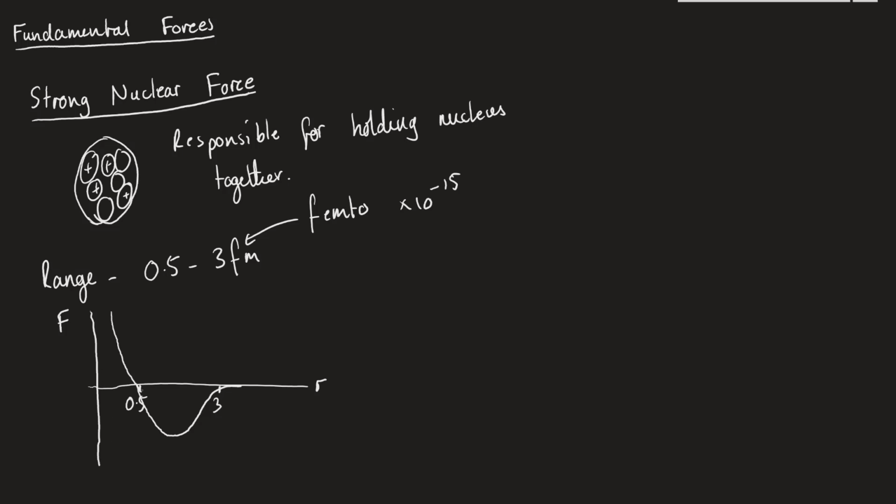Now there's a reason why we have this. When the force is negative, it's attractive, and when the force is positive, it's repulsive. So up here we have repulsive forces, and down here we have attractive forces. This is just a common convention in physics. Whenever we have any attractive force, we say it has a negative sign in front of it, because force is a vector, which means it is dependent on its direction.